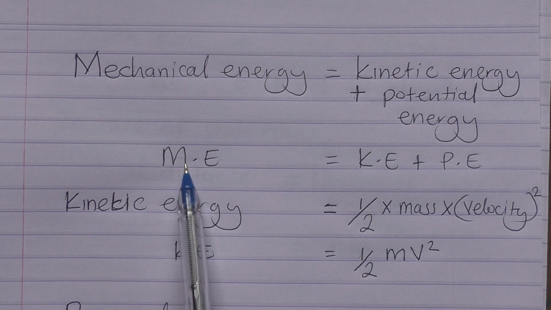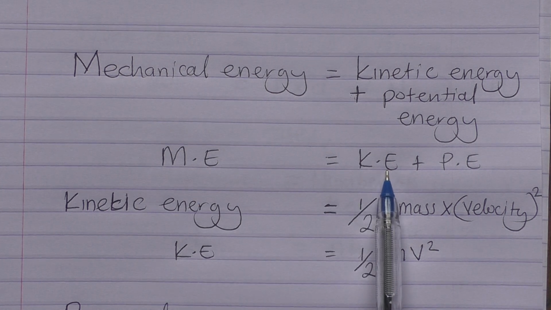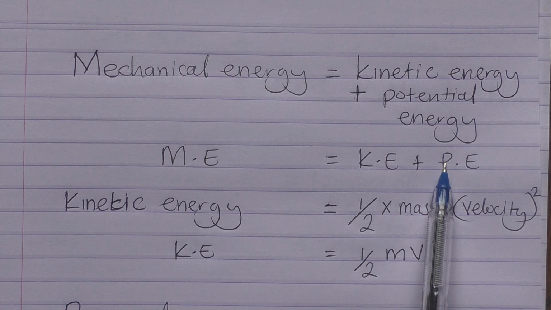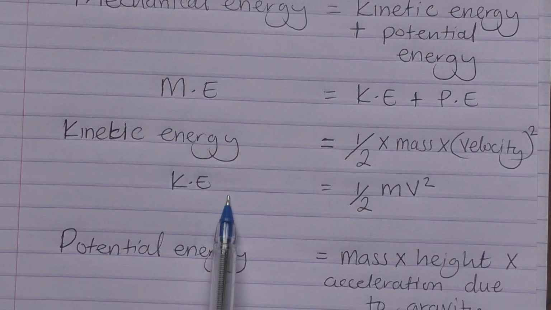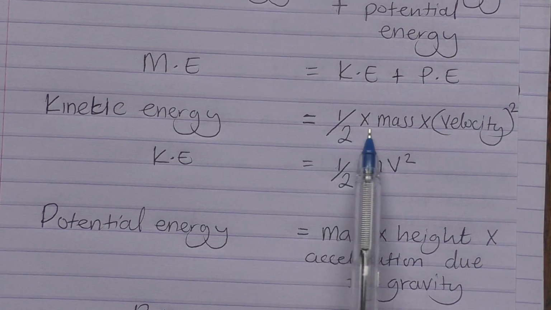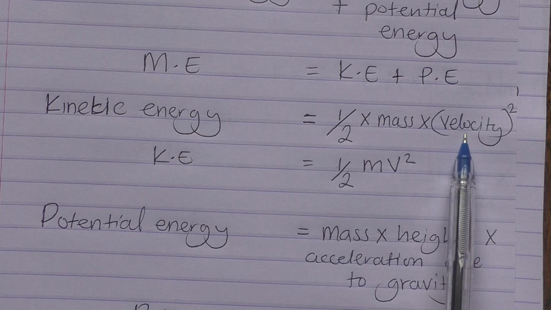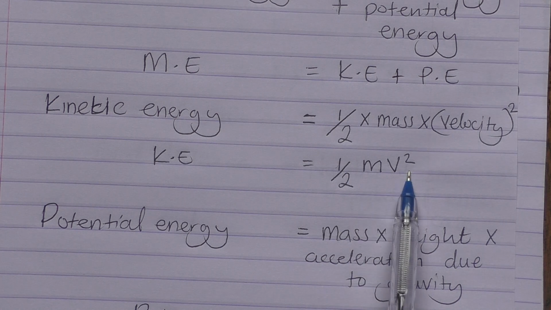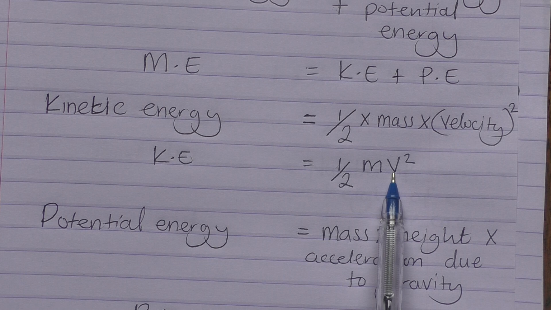Therefore, to get mechanical energy, we shall add the kinetic energy plus potential energy, where kinetic energy is given as a half times the mass of the body times the square of its velocity, and therefore it is a half mv squared, where m is the mass of the body and V is the speed or velocity of the body.